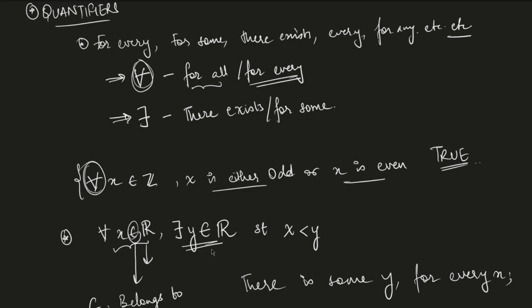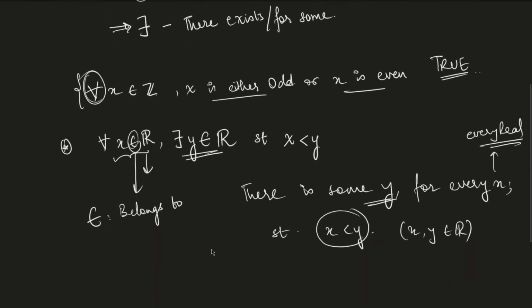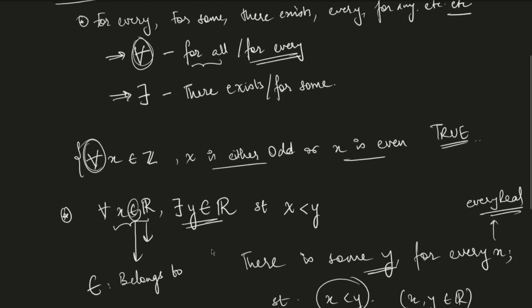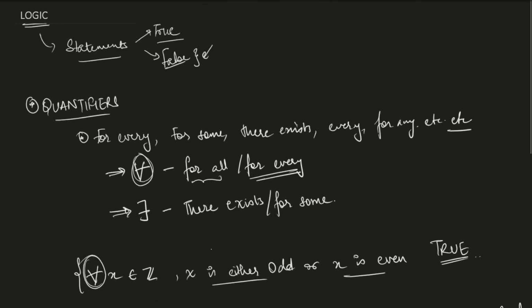Because for every possible x, for every real number, you will always have another real number which is greater than it, right? This is what it means, because x is smaller and y is greater than it. And that is what we have for quantifiers.